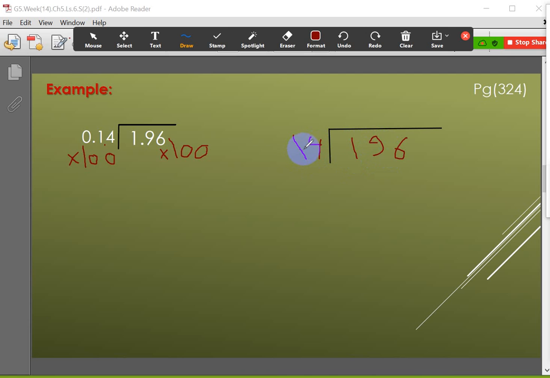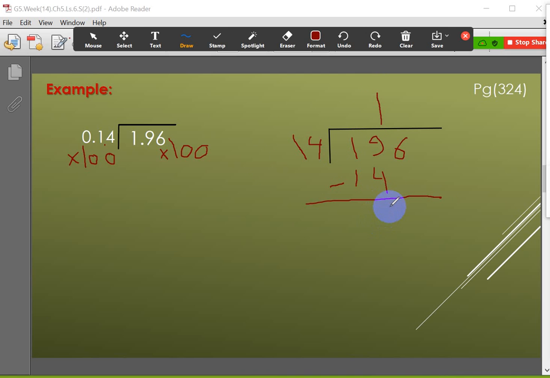19 divided by 14. How many 14 in 19? I have only one. 1 multiply 14 equals what? It will be 14. Now 9 minus 4 equals what?